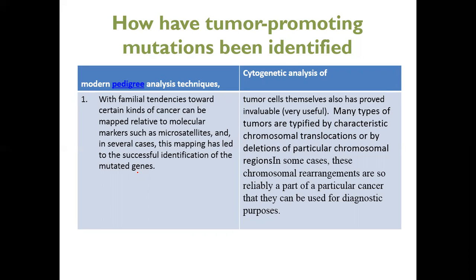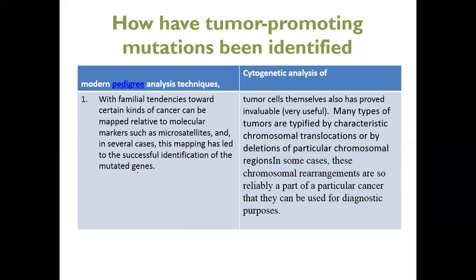Cytogenetic analysis of tumor cells themselves has also proved invaluable. We can use the tumor cells to identify what kind of problem they have. Many types of tumors are typified by characteristic chromosomal translocations or deletions of a particular chromosomal region.